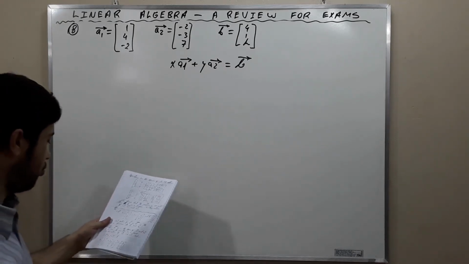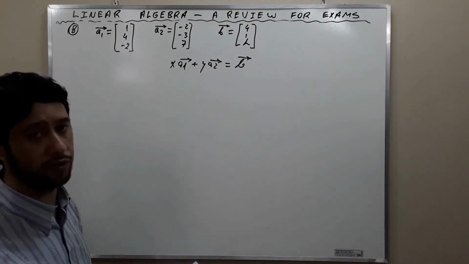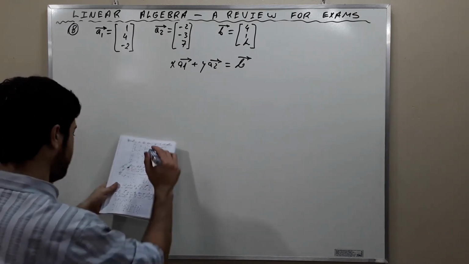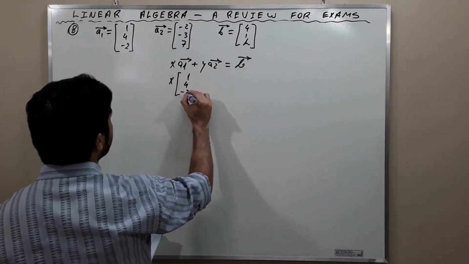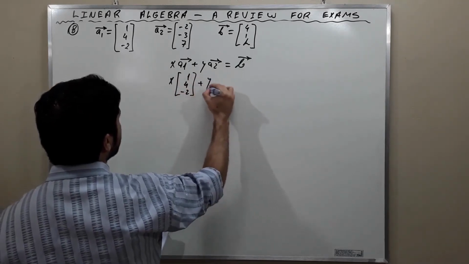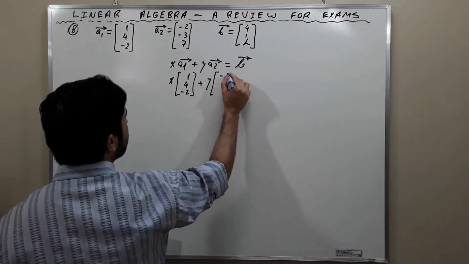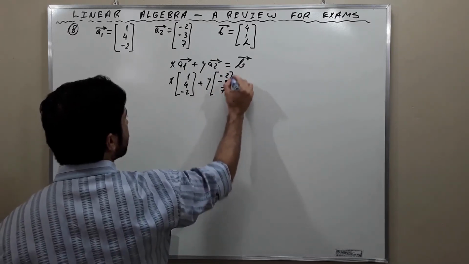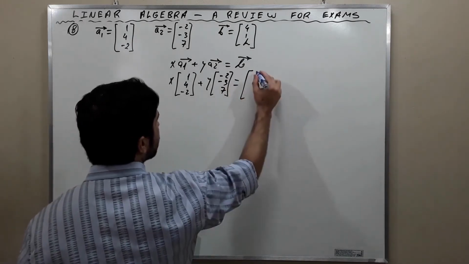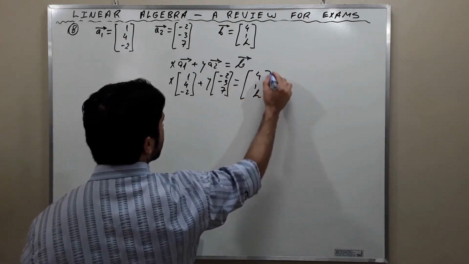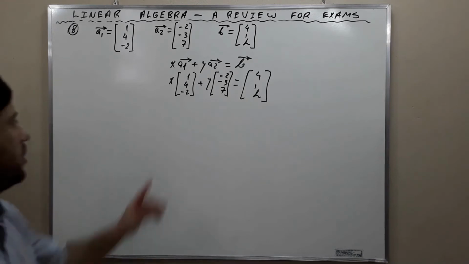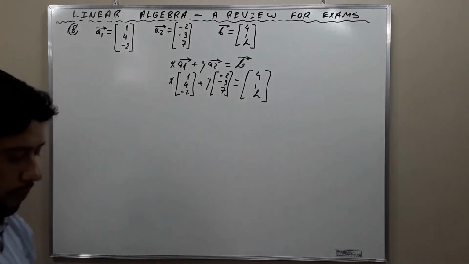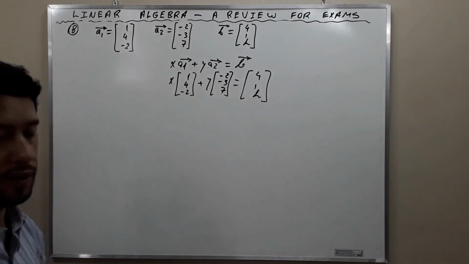And we are going to write this matrix equation in this way. Okay, we are looking for values of h that make this linear combination possible, and we are going to use the augmented matrix.